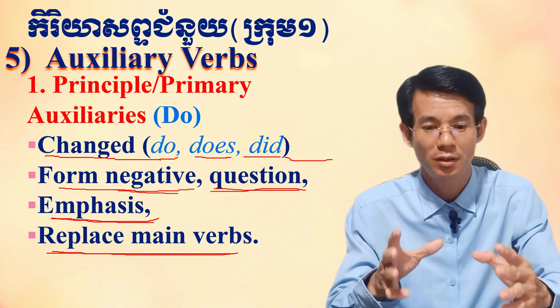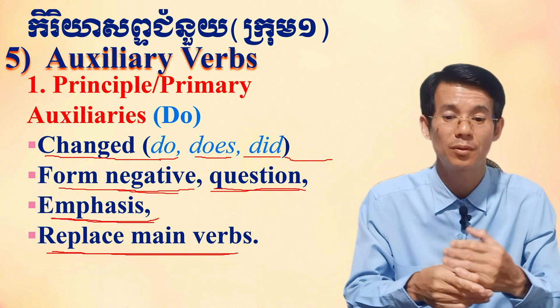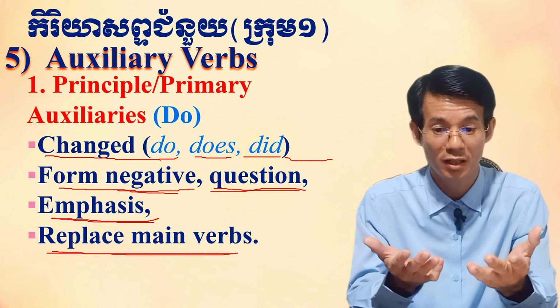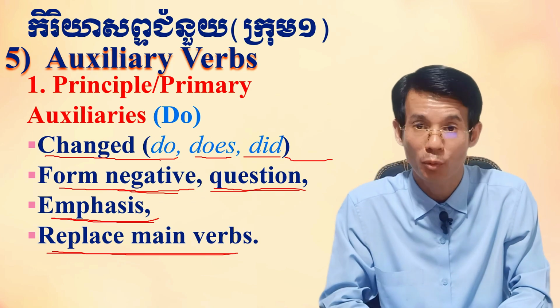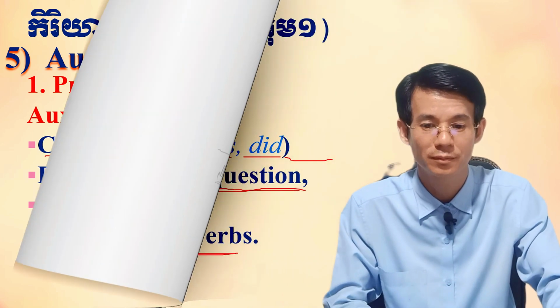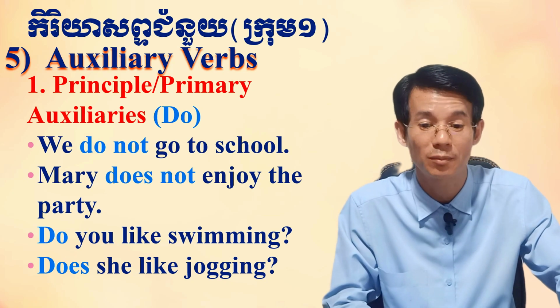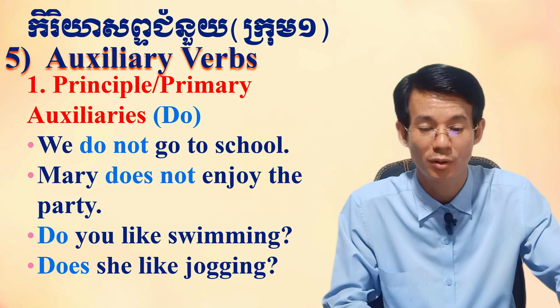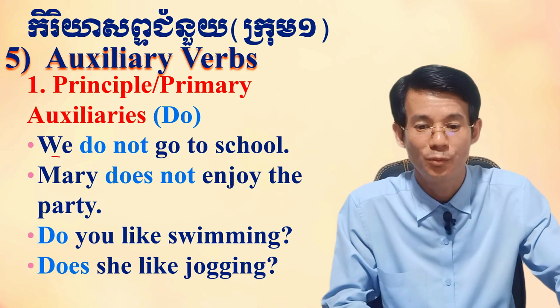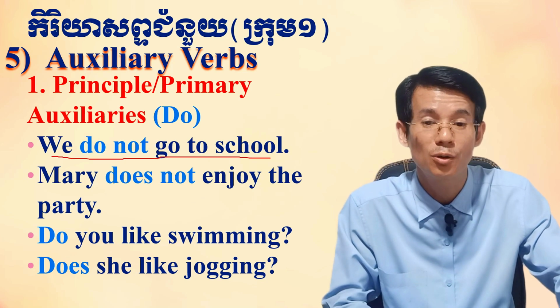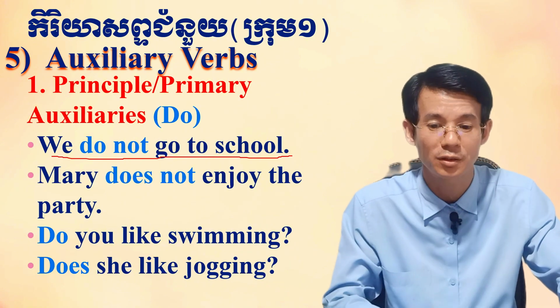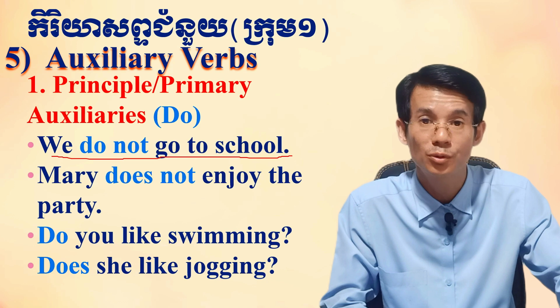Okay, so in the next part I'm going to show you examples of how do functions for this point. Let's move. These are the examples of how the verb do helps the main verb in grammatical function. We do not go to school. For the positive, we go to school.